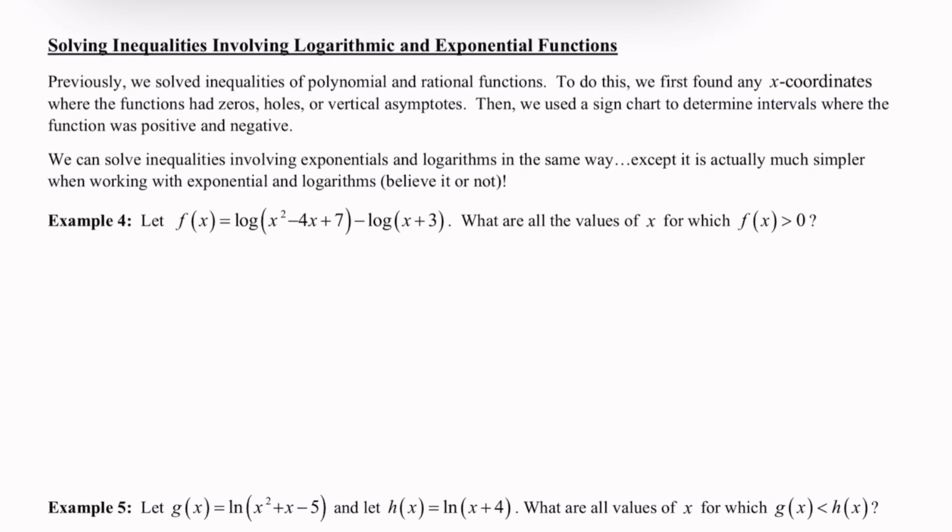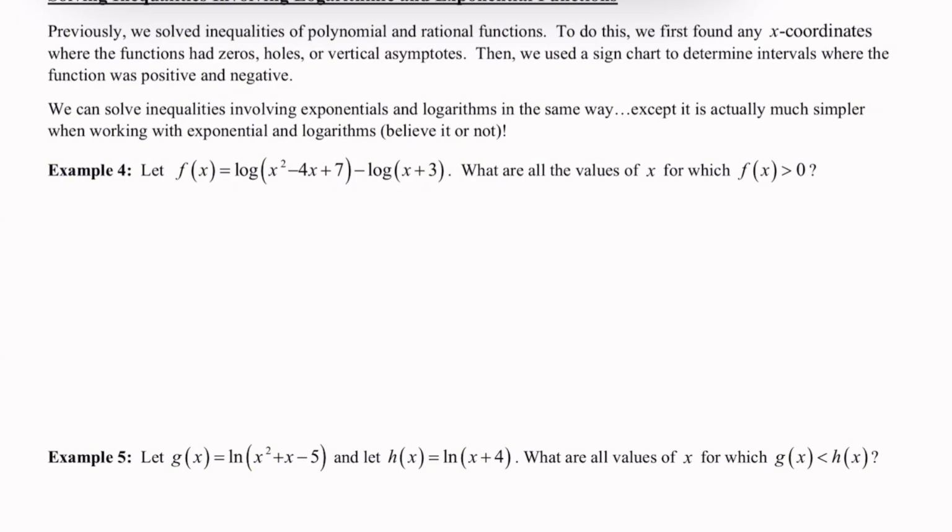So now, solving inequalities involving log and exponential functions. Let's go ahead and do that. We're given f of x, and what are all the values of x for which f of x is greater than 0? So we can go ahead and set this equal to 0 to solve.